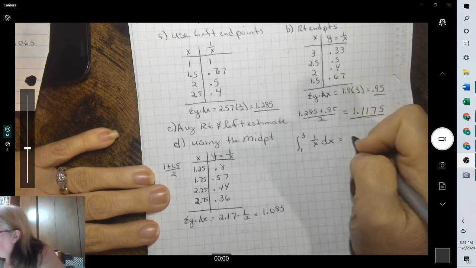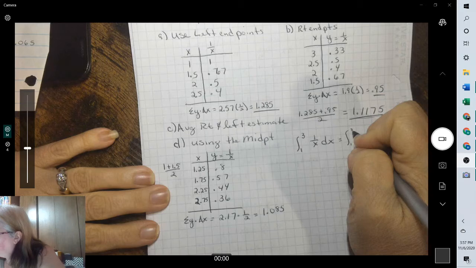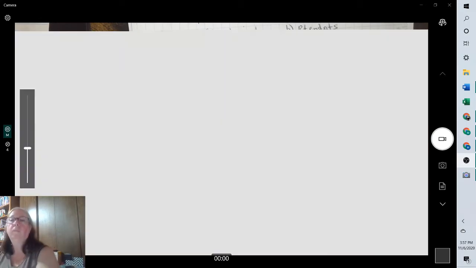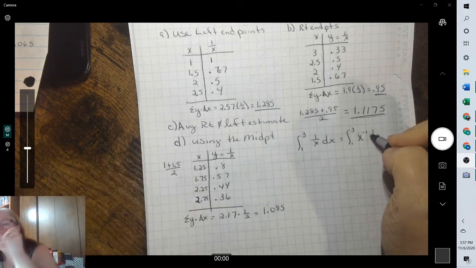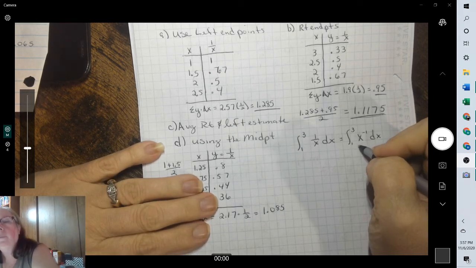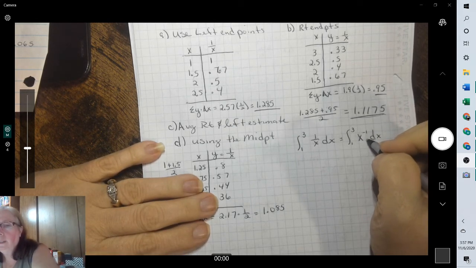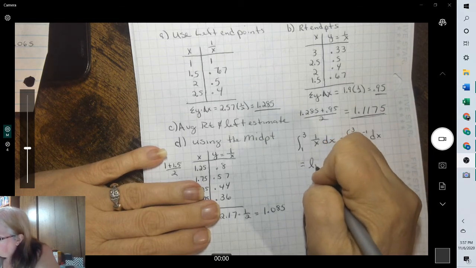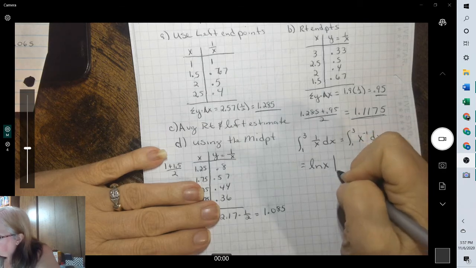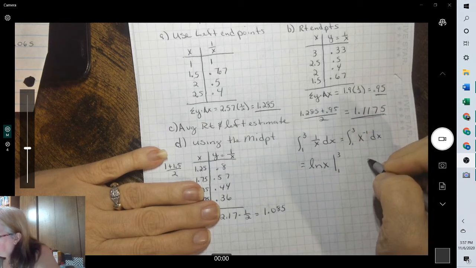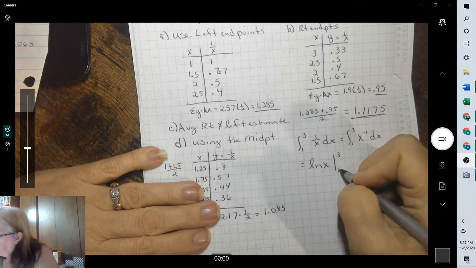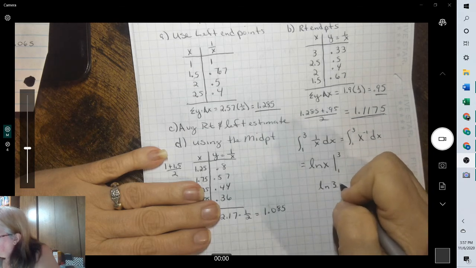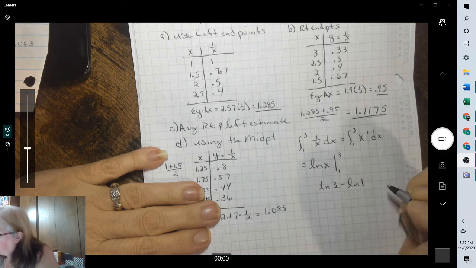Remember, 1/x, we'd have to rewrite it as x to the -1. Which then if you try and add 1, you get 0, and you can't divide by 0 because x to the -1 is a special case. It's the natural log. So it's the natural log of x from 1 to 3. And then it's your top minus your bottom. Natural log of 3 minus the natural log of 1.